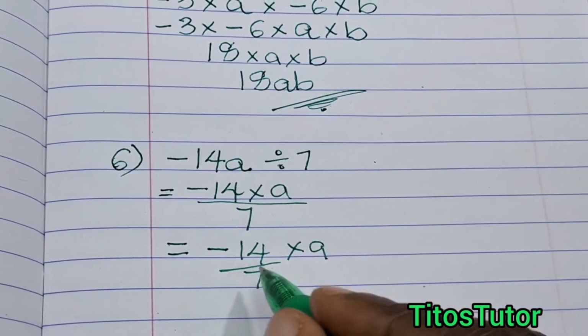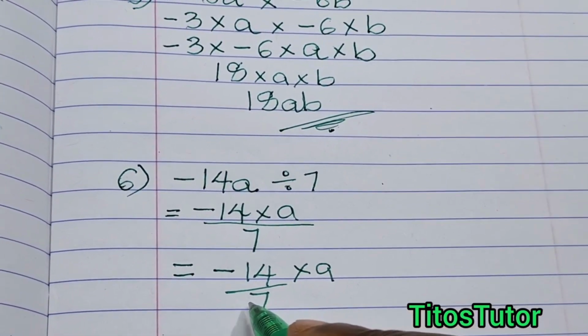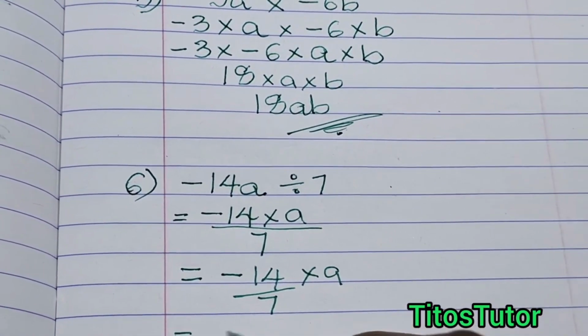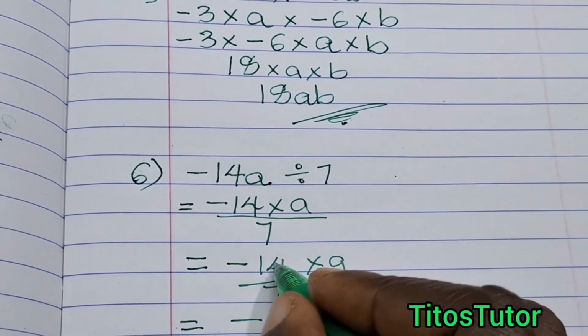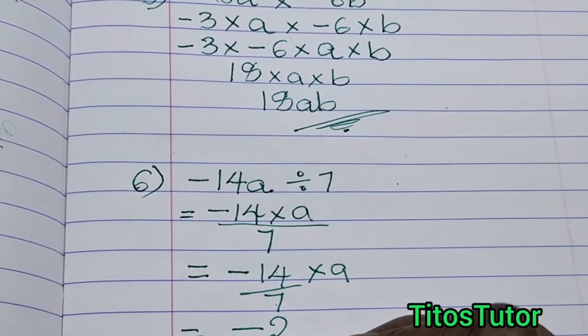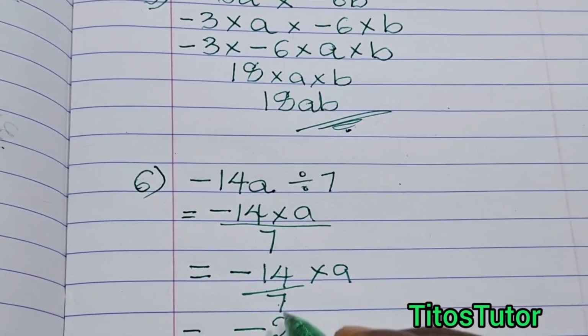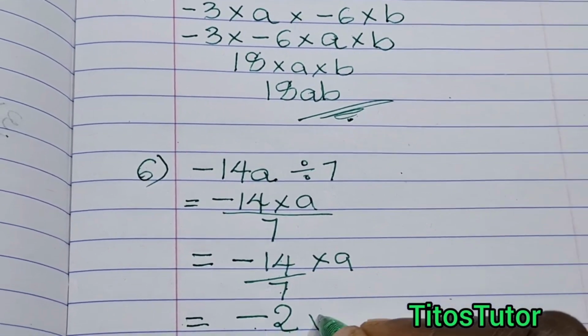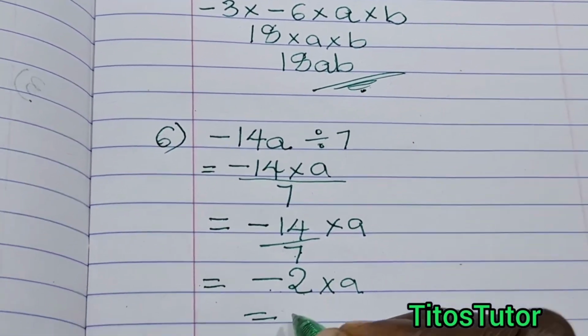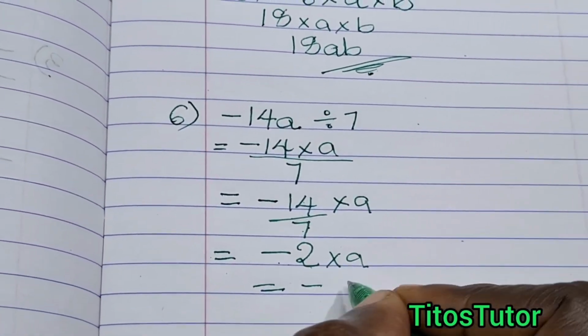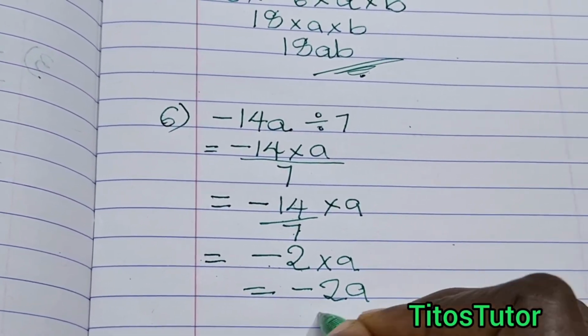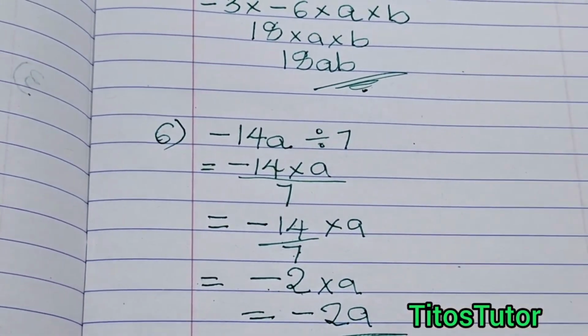A negative number divided by a positive number is going to give you a negative answer. So 14 divided by 7 is 2. Negative 14 divided by 7 is negative 2. Multiply by a to give you a final answer, negative 2a. And you are done.